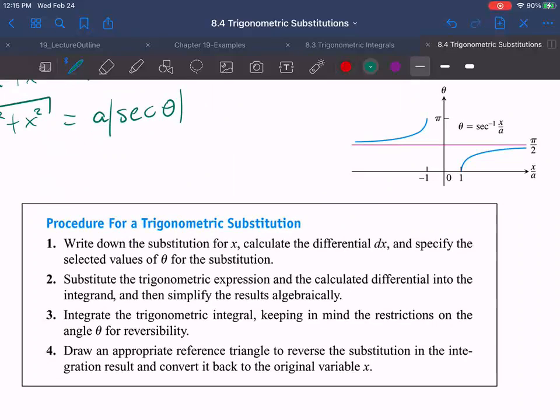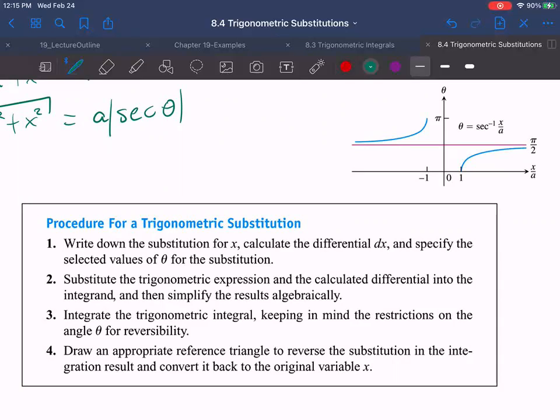Substitute the trigonometric expression and the calculated differential into the integrand, and then simplify the results algebraically. Integrate the trigonometric integral, keeping in mind the restrictions on theta for reversibility, and draw an appropriate reference triangle to reverse the substitution in the integration result and convert it back to the original variable x.